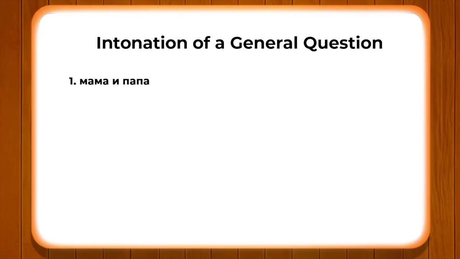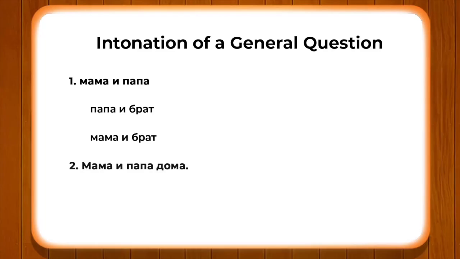Mama и papa, papa и брат, mama и брат, mama и papa дома, рано утром mama и papa дома. Here, if you pay attention, when I am using this particular sentence with и, the и and the next word don't have any pause. So, mama i papa doma.